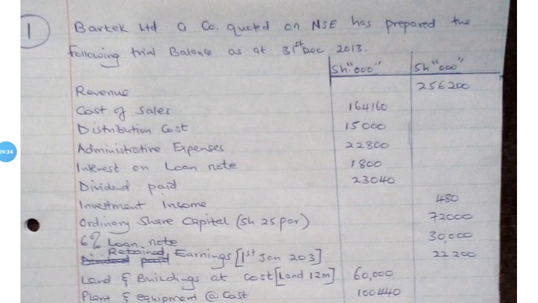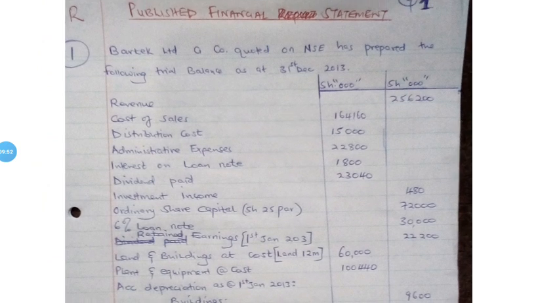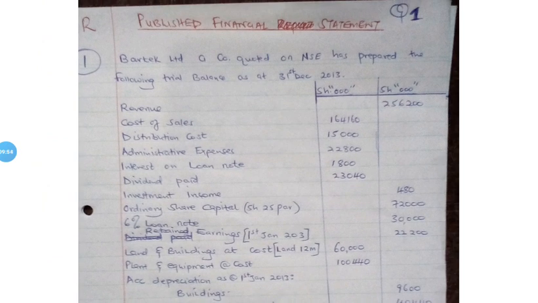So you write BARTEK Limited statement of comprehensive income for the year ended 31st December 2013. After writing that, you should know that when we talk of preparation of a statement of comprehensive income, we are simply talking of income statement.